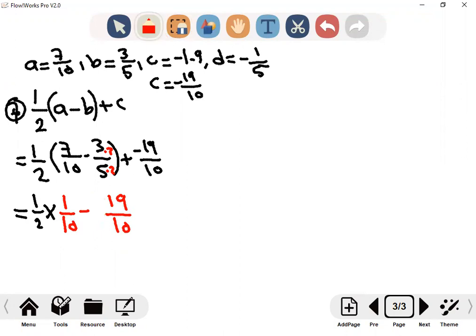Now I have multiplication here, then subtraction. I'll do the multiplication first. Equals 1 over 10 times 1 half, minus 19.